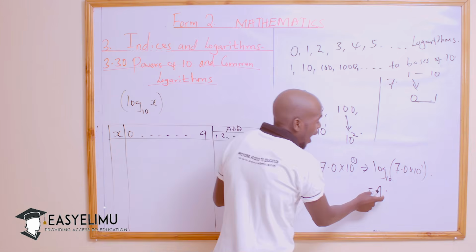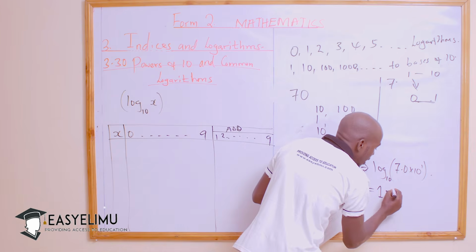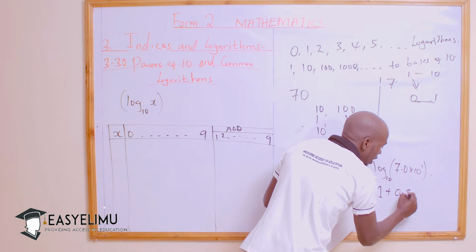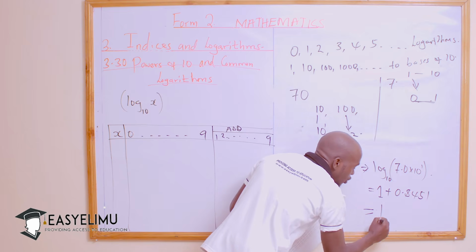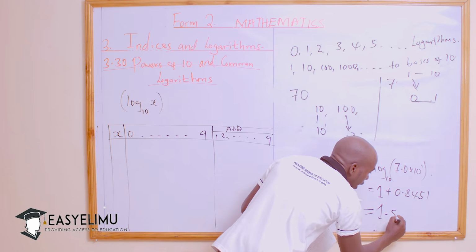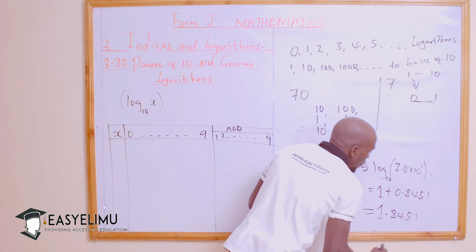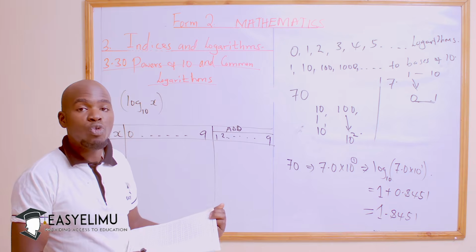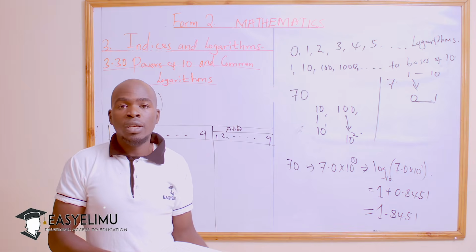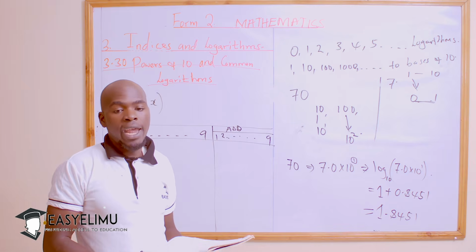So meaning to what we have here, we shall add plus 0.8451. And if we add that one, we are going to have 1.8451. That is how we do find the logarithm of given numbers which are in between the multiples of 10.